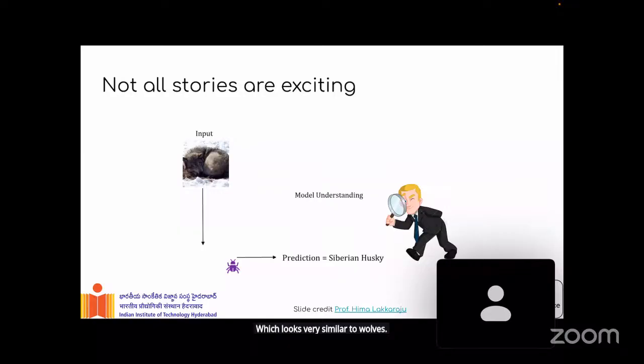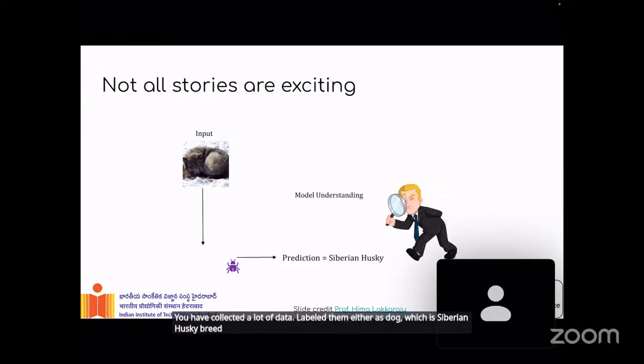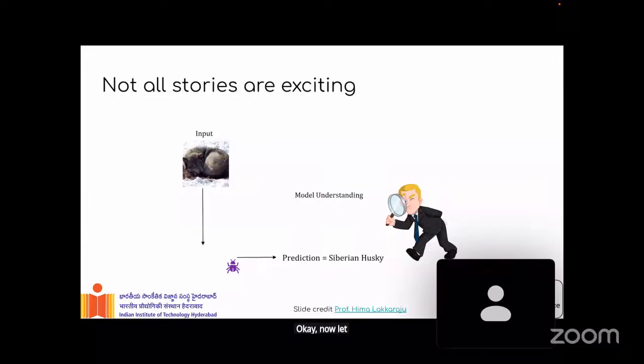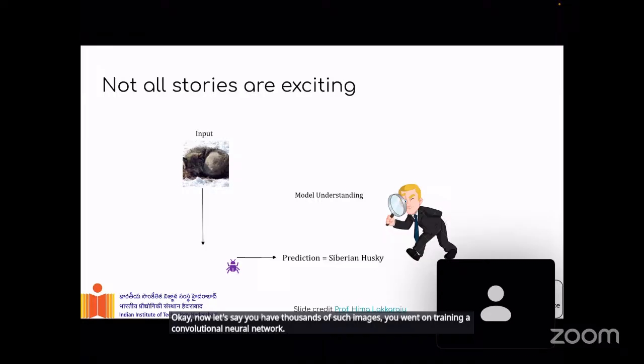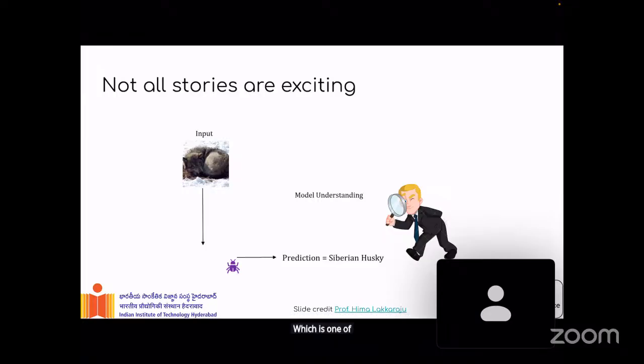It's supervised learning. You have collected a lot of data, labeled as either dog, the Siberian Husky breed, or wolf. Say you have thousands of such images. You trained a convolutional neural network, one of the coolest models for image recognition and object classification tasks. The model is performing very well, close to 100% accuracy.